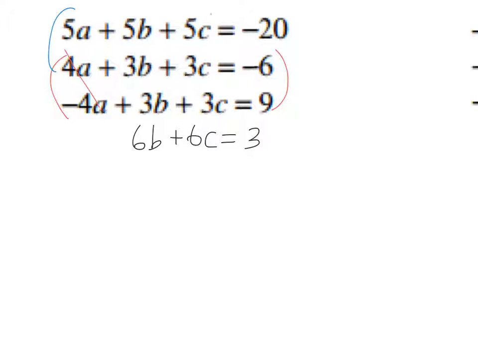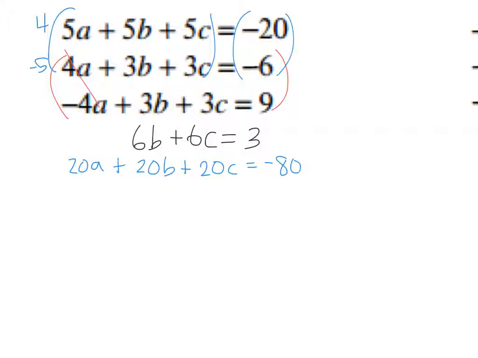So I'm going to multiply both sides of the equations by, this one I'm going to do 4, this one I'm going to do negative 5, because I want them to be opposite. So I'll write those in blue. So I'm going to have 20a plus 20b plus 20c equals negative 80.